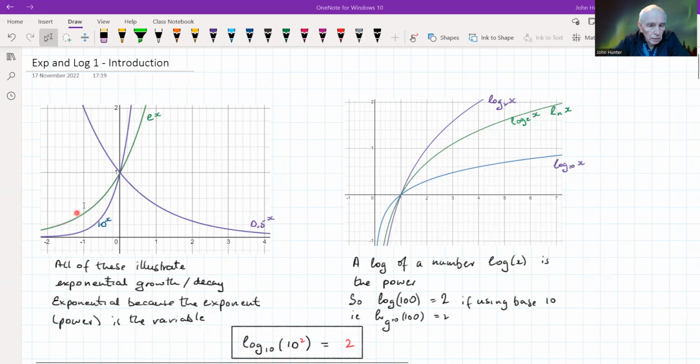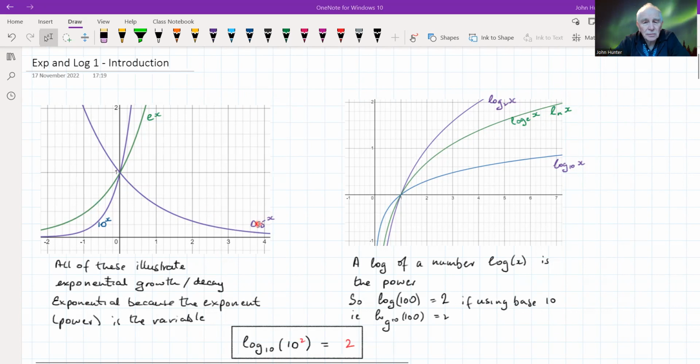So this blue one going up here is 10 to the power of x. As we increase x along here, we evaluate 10 to the power of x, and that's going to give us this line here. 0.5 to the power of x, well, this is less than 1, isn't it?